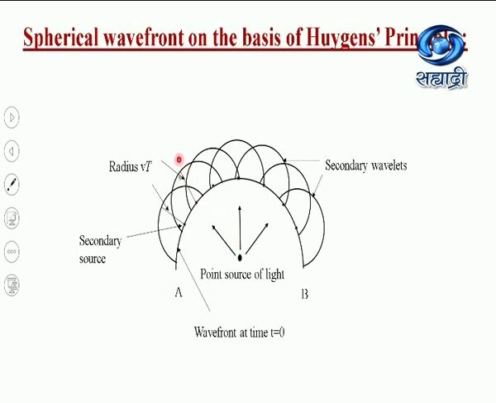This distance you have to consider in your compass, and taking this point source as the center, we draw the spherical wavefront, which is our new wavefront A dash B dash at time capital T. So AB was the old wavefront or the primary wavefront, and by using Huygens principle, we constructed the new spherical wavefront A dash B dash at time capital T.